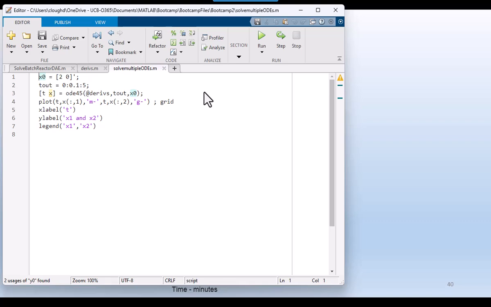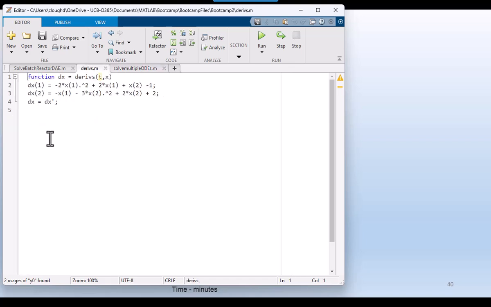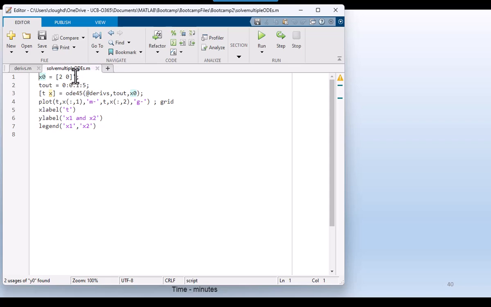There it is. So here we start with initial values for our x's. And you'll notice that as we did this, we transposed the initial values. And because we did that, we transpose the derivatives in order to have it be a column vector for each one of those.